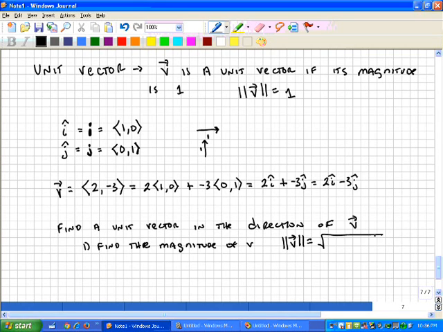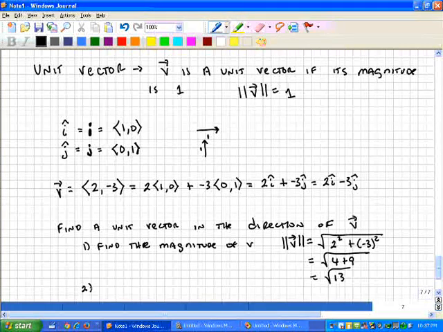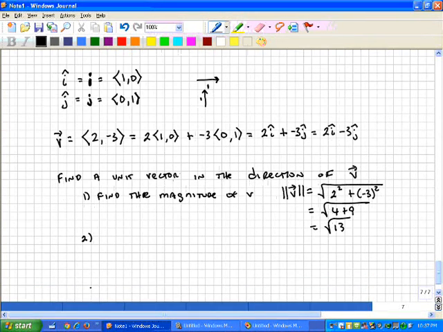Remember, that's the square root of the square of the horizontal component plus the square of the vertical component. The square root of 4 plus 9 is the square root of 13. Next, we multiply v by the reciprocal of the magnitude of v.